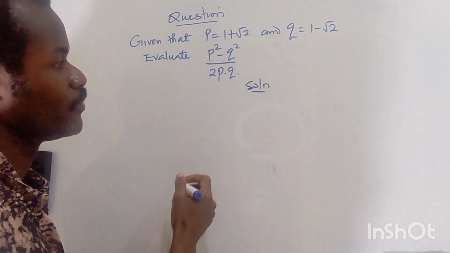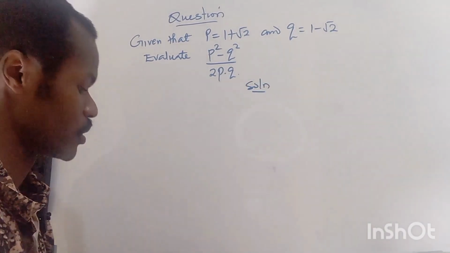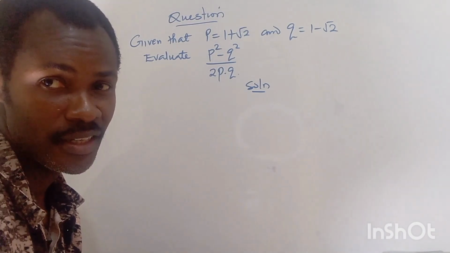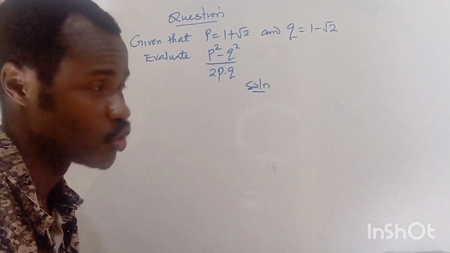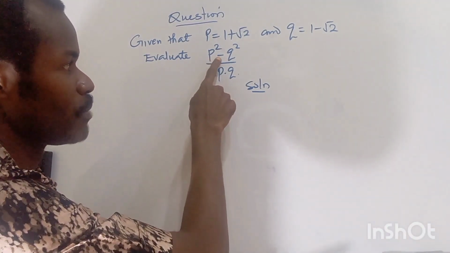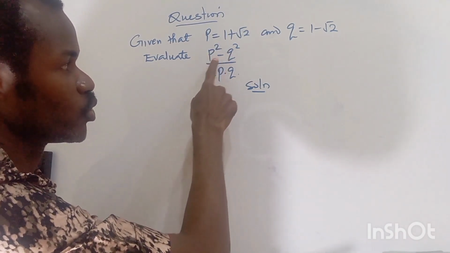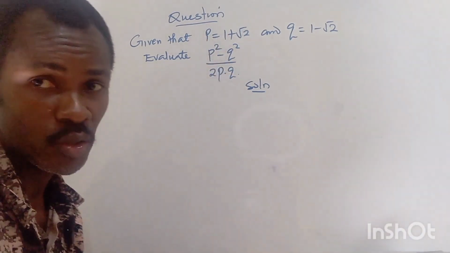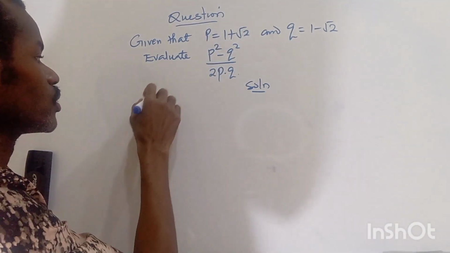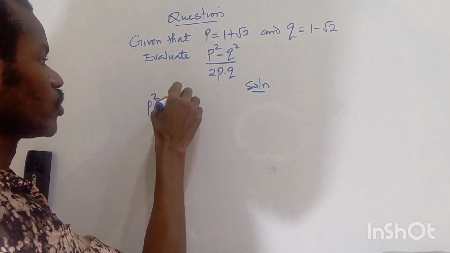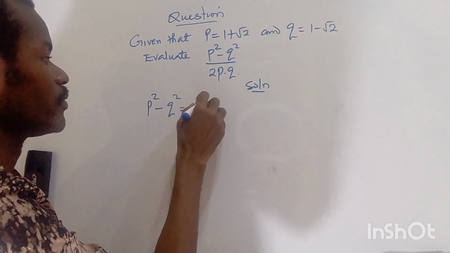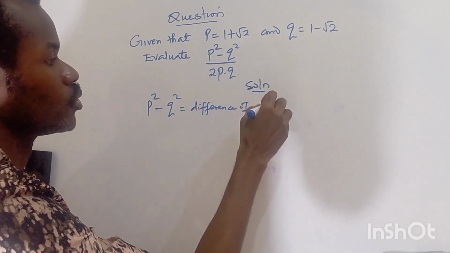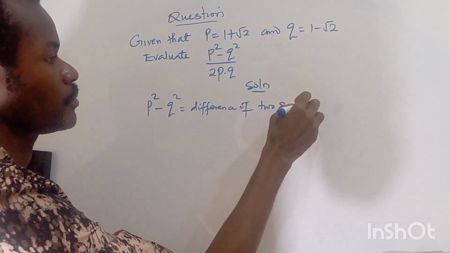Now the first thing I'm recognizing is that I have p squared minus q squared. That means a difference of two squares. P squared minus q squared is a difference, where p is squared and q is squared.